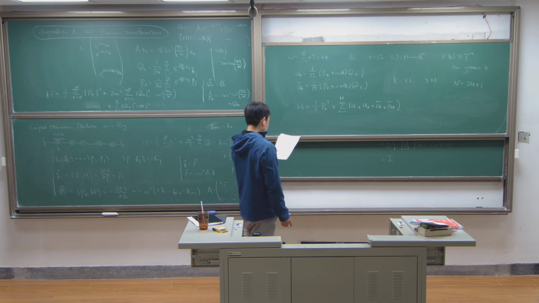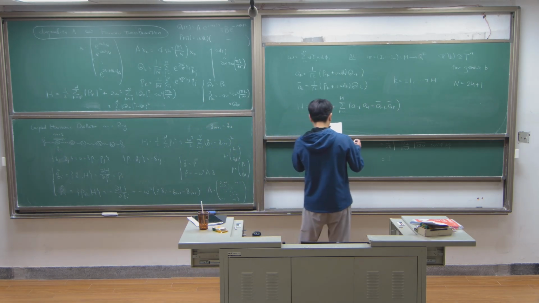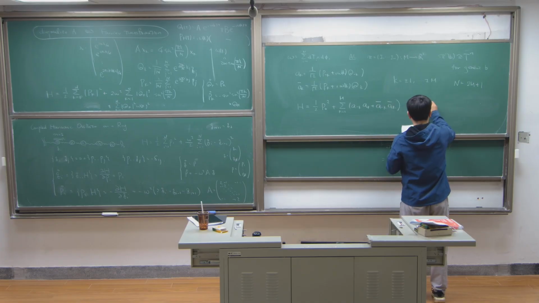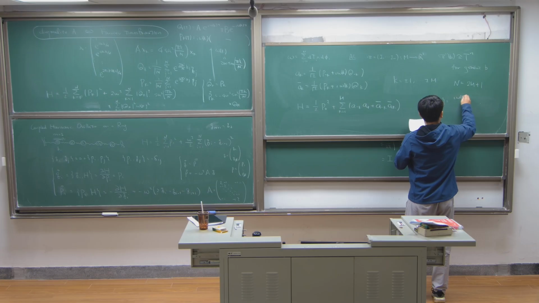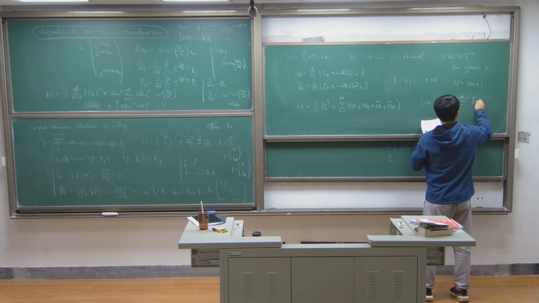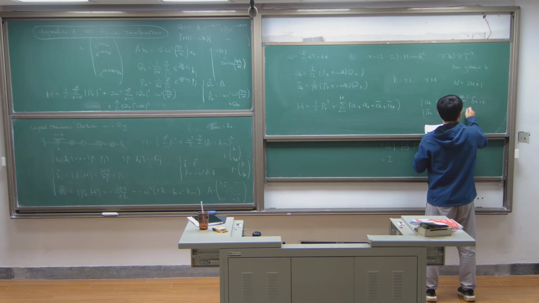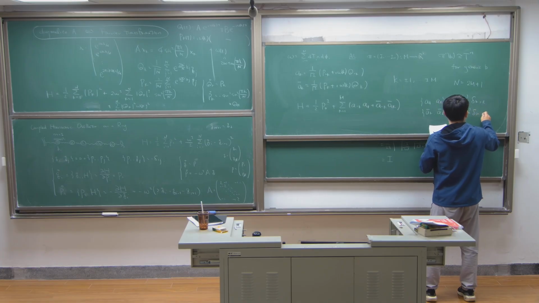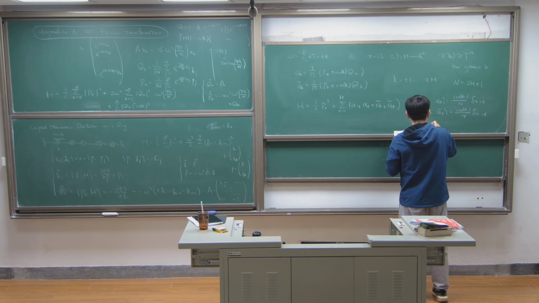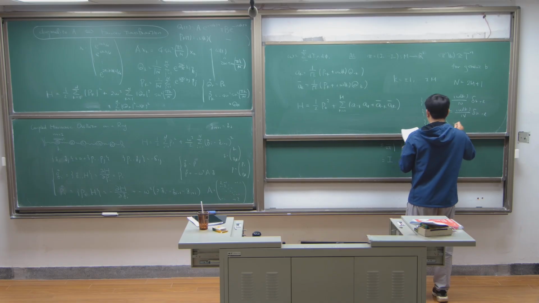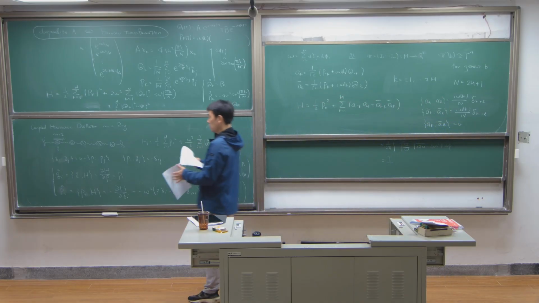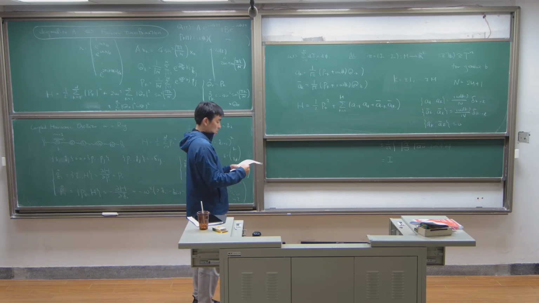Okay, so suppose, and then the Poisson bracket, as you can easily imagine, can be written as follows. Like this one. Okay, that's what you get.